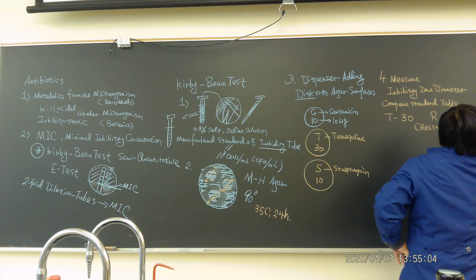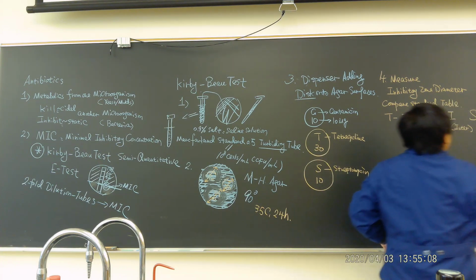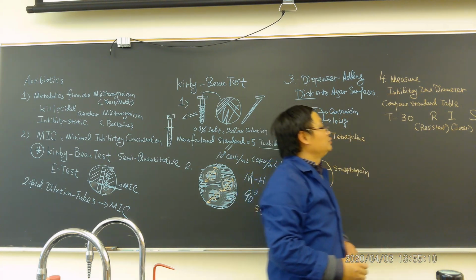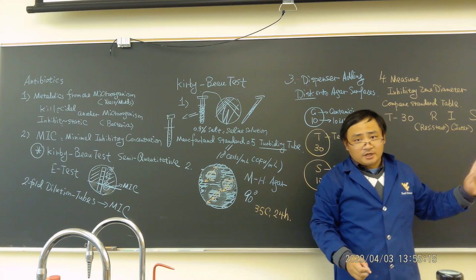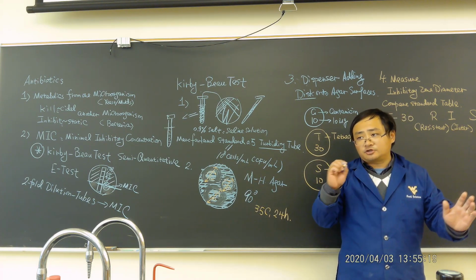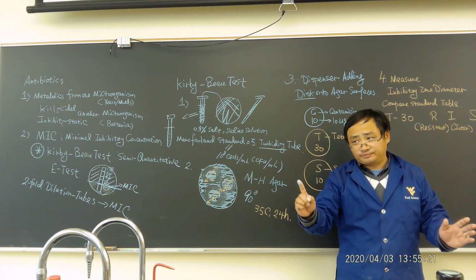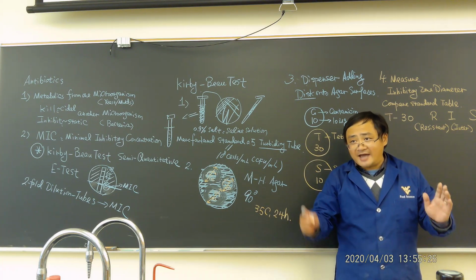S means susceptible. Now I want to mention, for bacteria to antibiotics, we use the word susceptible. We don't say sensitive. Why? Because when you do a muscle injection, a muscle shot of penicillin, you have to do an allergy test.